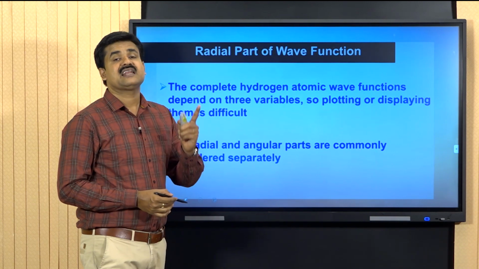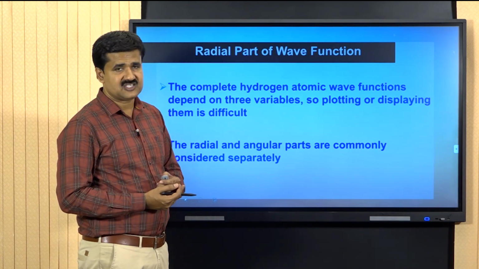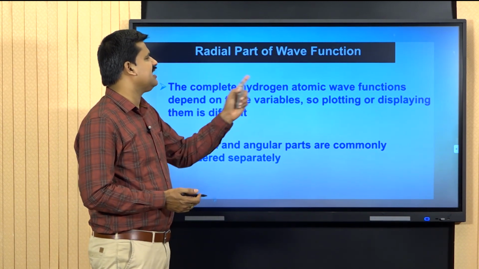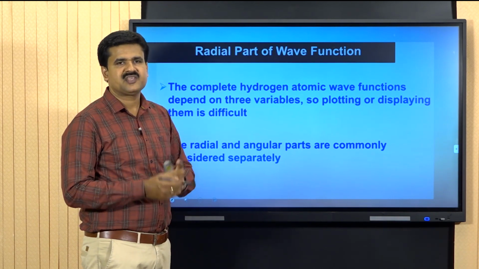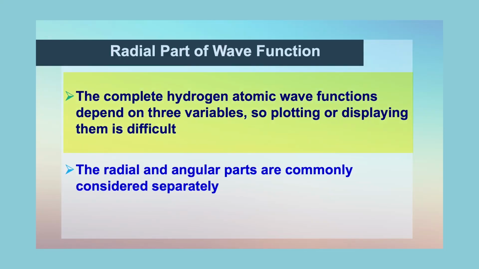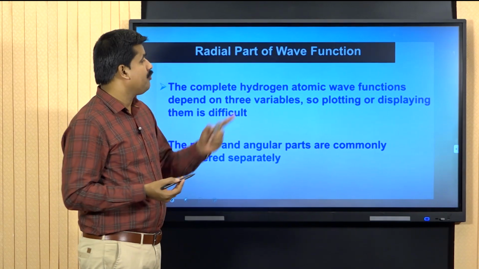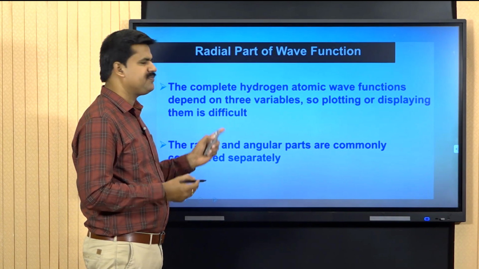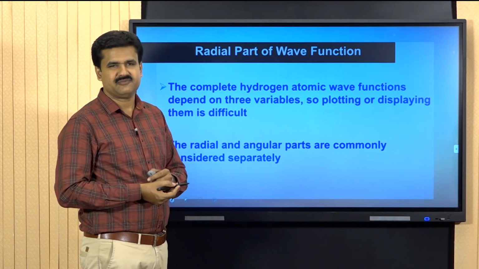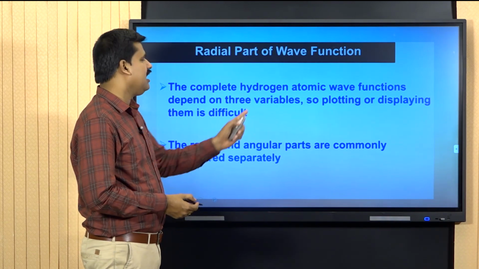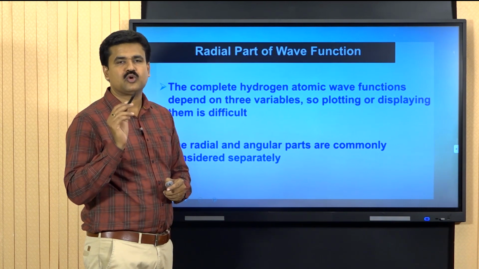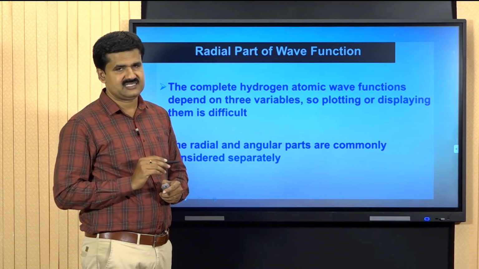Now, radial part of the wave function. The complete hydrogen atomic wave function depends on 3 variables, namely r, theta and phi. Hence, plotting or displaying them completely is very difficult. The radial and angular parts are commonly considered separately.